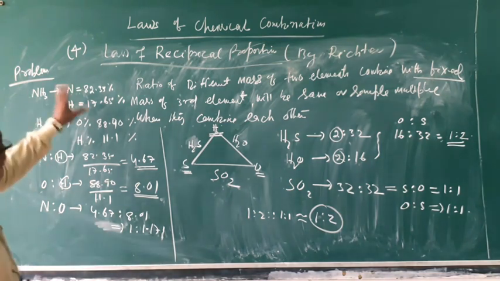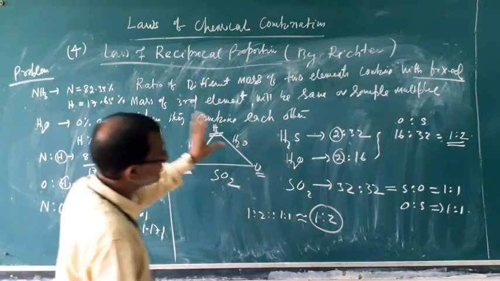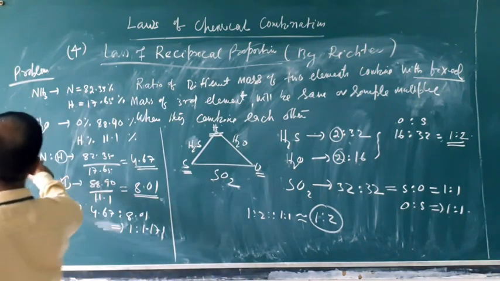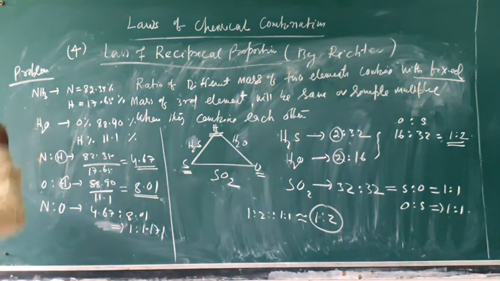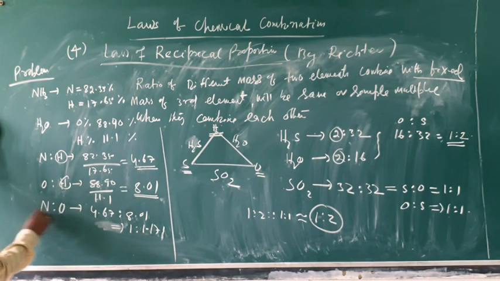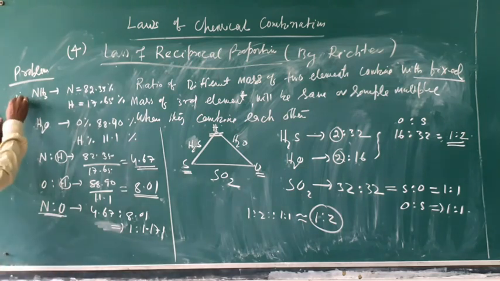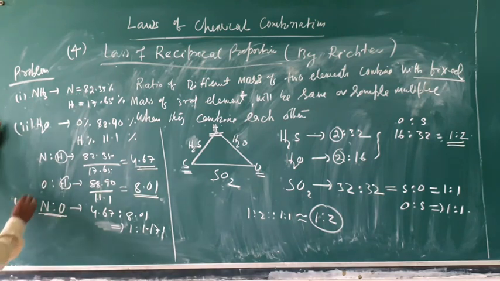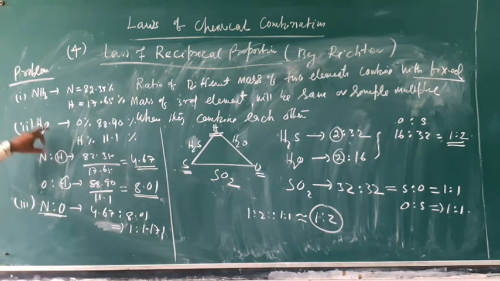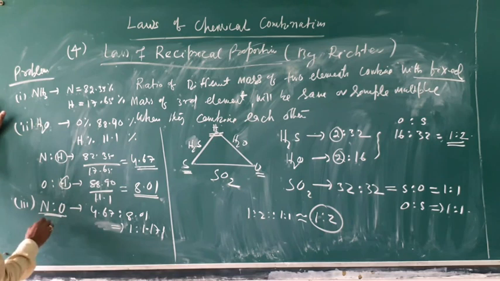Then in the last, another experiment is given, when nitrogen and oxygen combine. This is obtained from these two data. This is experiment 1, this is experiment 2. Then by taking this we got the third one. When nitrogen and oxygen combine, it will produce N2O3.